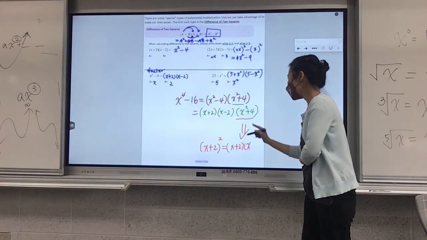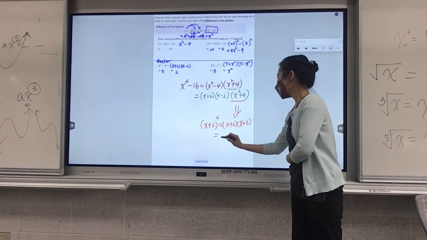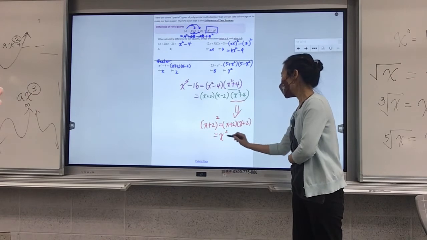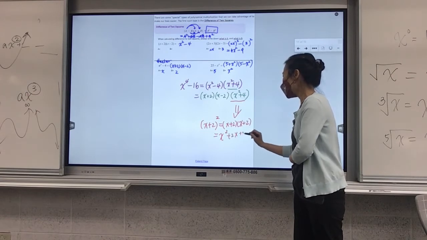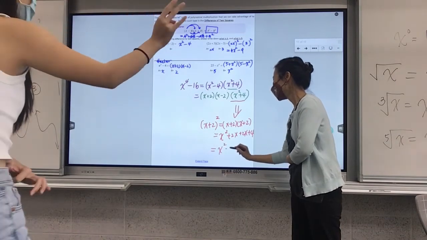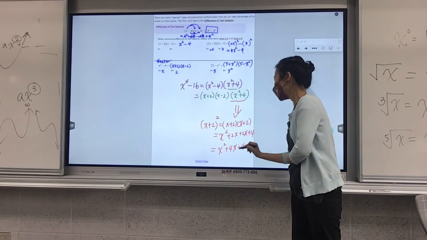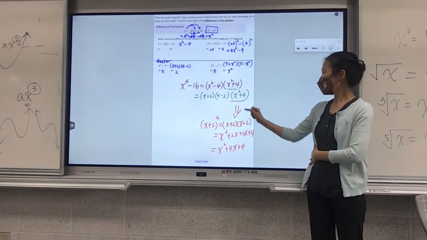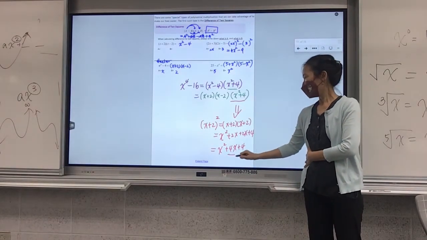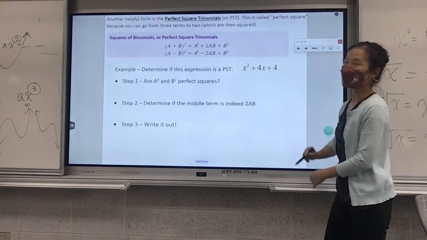That gives x squared plus 2x plus 2x. Are they equivalent? No.